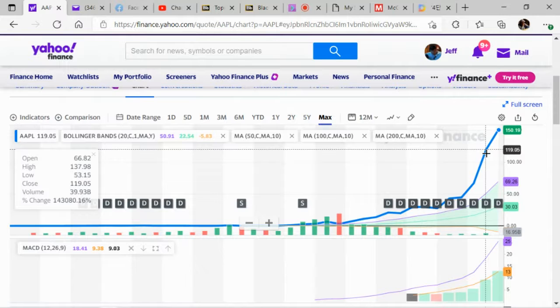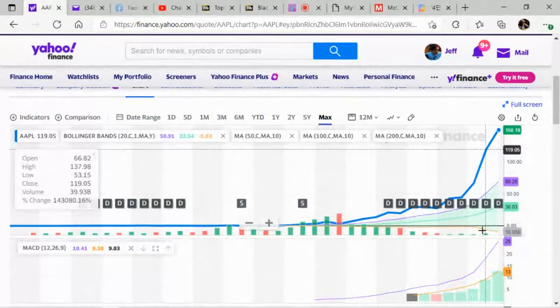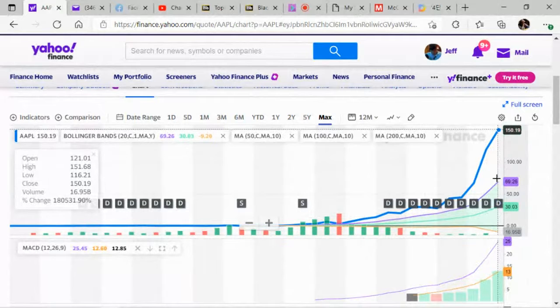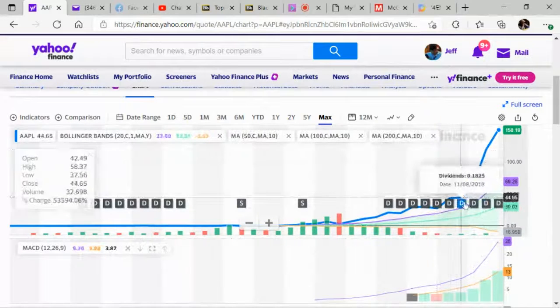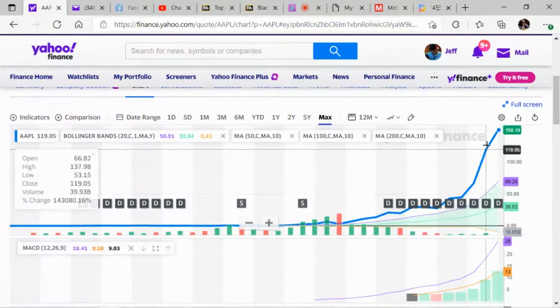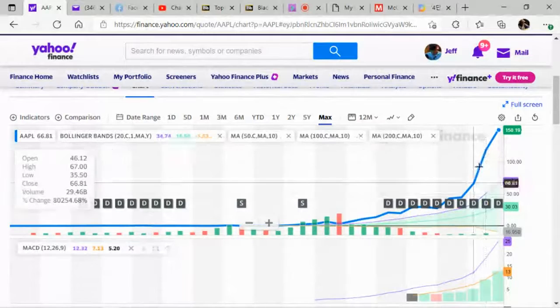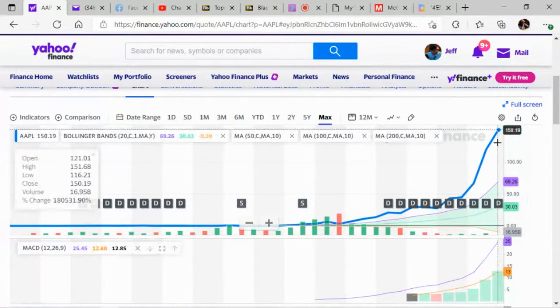But with 80 shares of Apple, from $80, it went to 200 something. Then probably they had another split after that, since 2014 or 16.